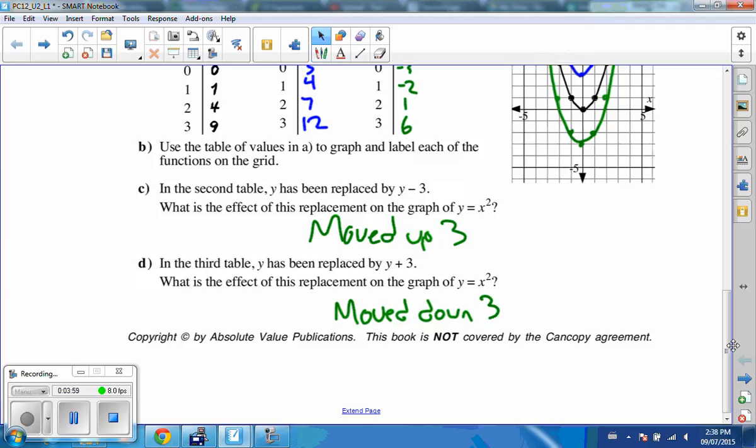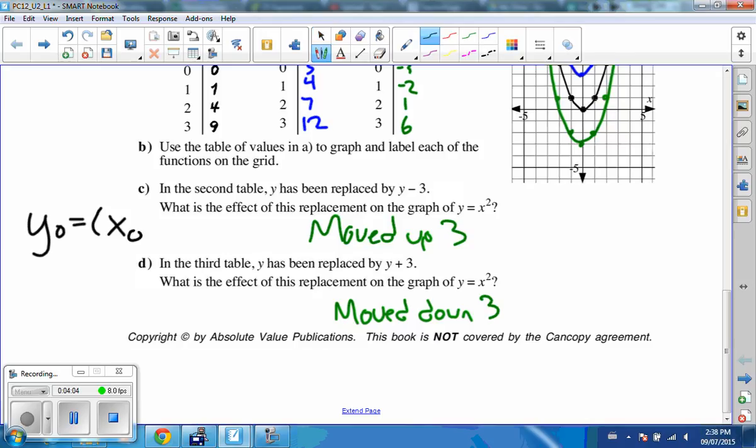Here's why this is. We're going to call this original graph y old equals x old squared. My new graph, I've replaced the y with y minus 3. So I now have y minus 3 equals x squared. This is my new graph, so I'm going to put little n's on my variables there. O's for old and n's for new. So what I now have is y new minus 3 was replaced by y old.